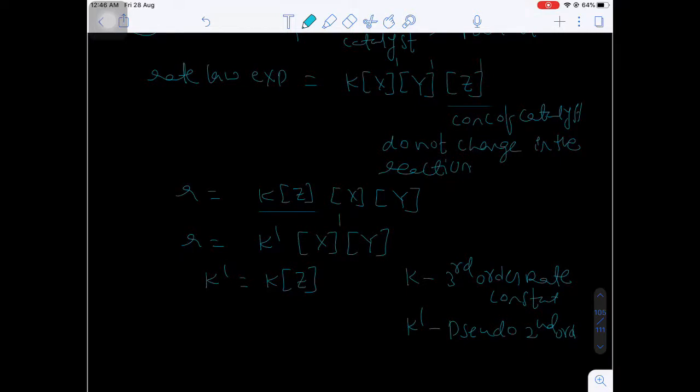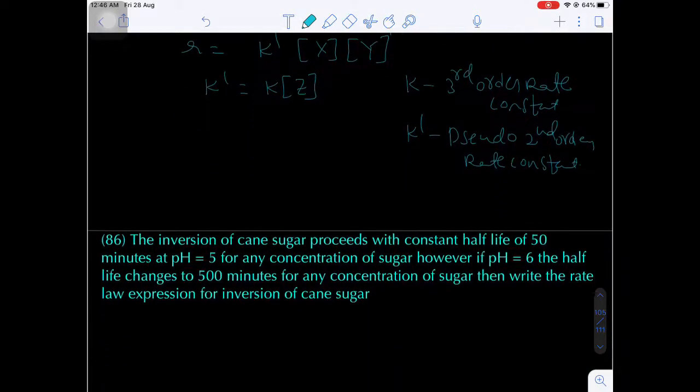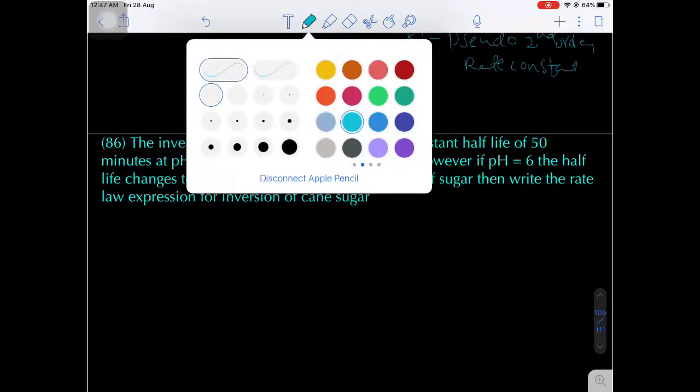Because this is second order kinetics, but actually initially it is third order kinetics, but I am taking the concentration of the catalyst as a constant, then it will be converted or reduced to second order kinetics. So pseudo second order rate constant. Are you getting my point? Okay.